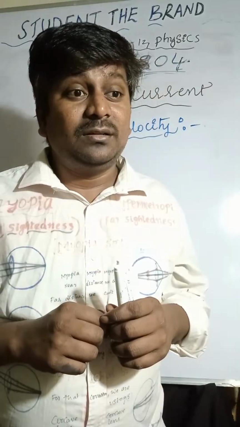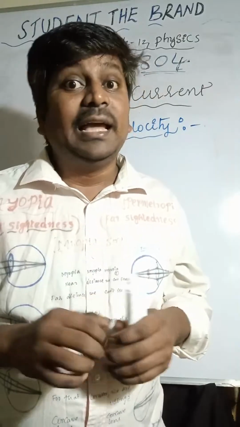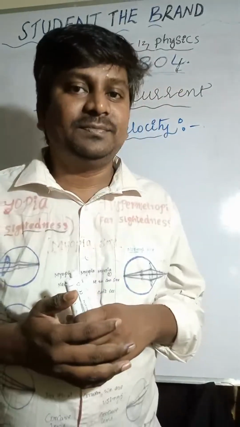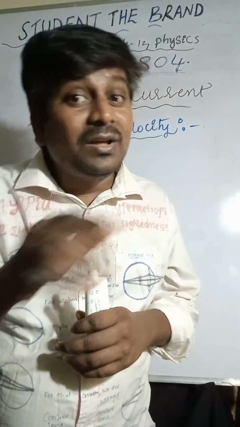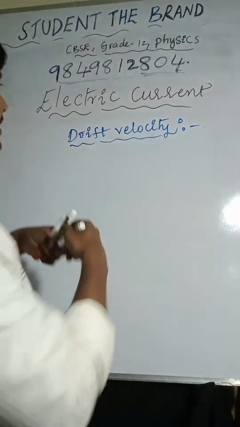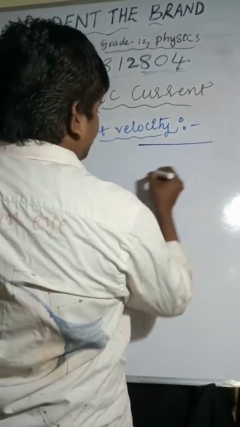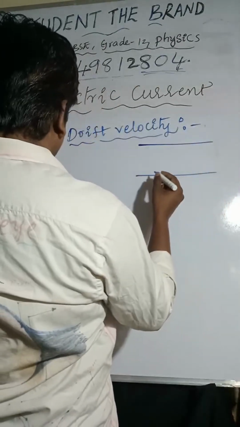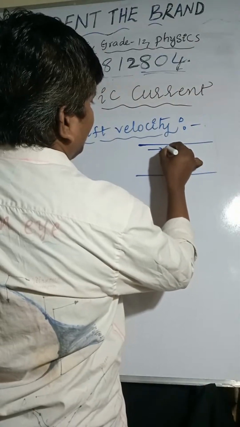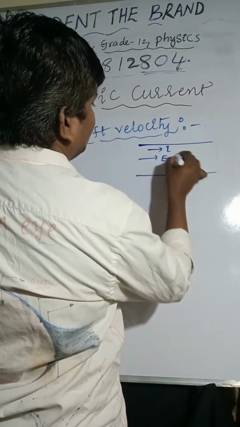Then what about electrons? Electrons will move opposite to the electrical field, right? So you can observe, current I is flowing and the electrical field is there.